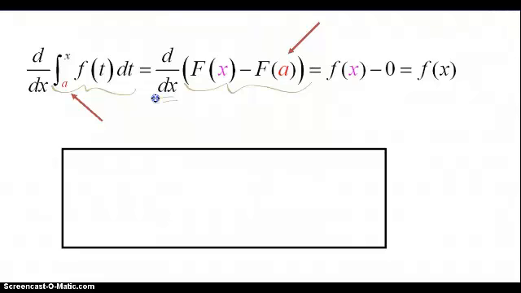Well, if we differentiate that, if we plug a into the antiderivative function, this is a constant. The whole thing, big F of a, not just a, but big F of a is a constant. So when we take the derivative of a constant, we get 0. All right? And the derivative of the antiderivative maps us back to where we started.